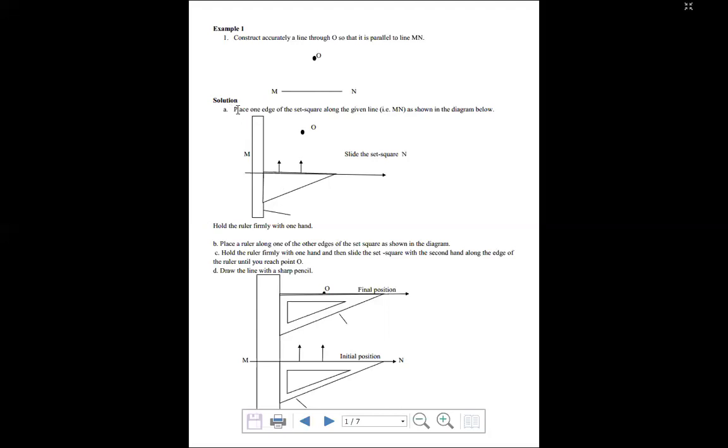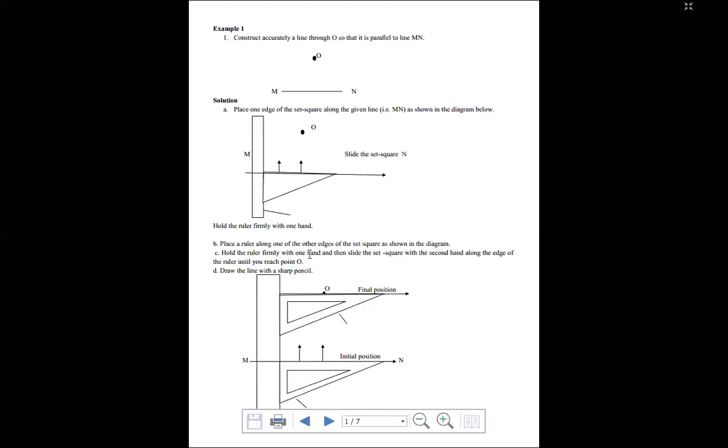Step 1. Place one edge of the set square along the given line, MN, as shown in the diagram below. Hold the ruler firmly with one hand. Step 2. Place a ruler along one of the other edges of the set square as shown in the diagram.